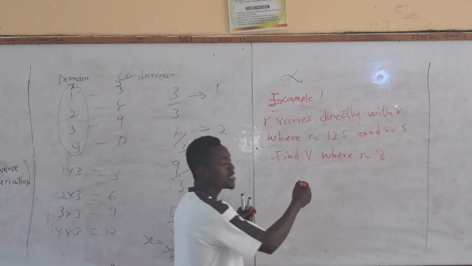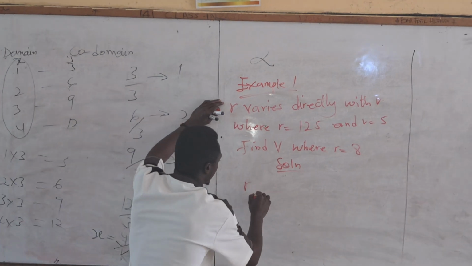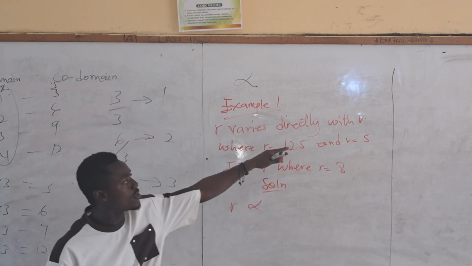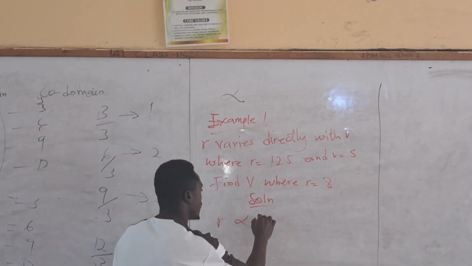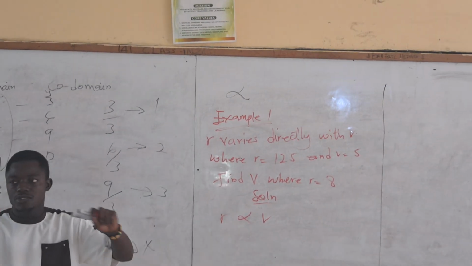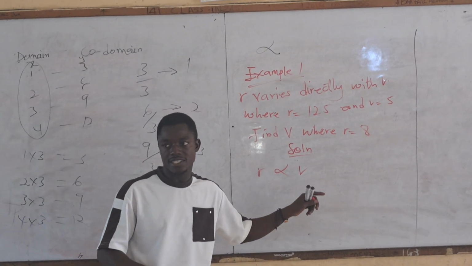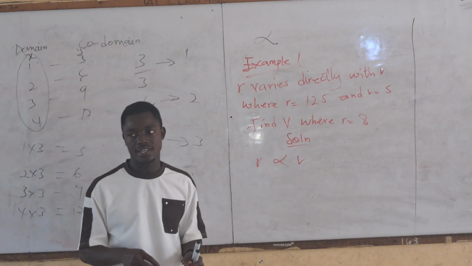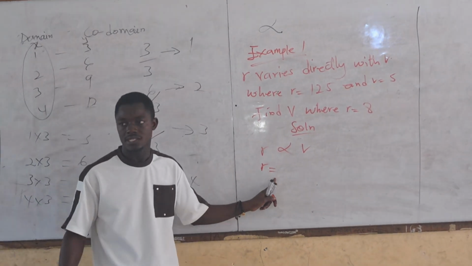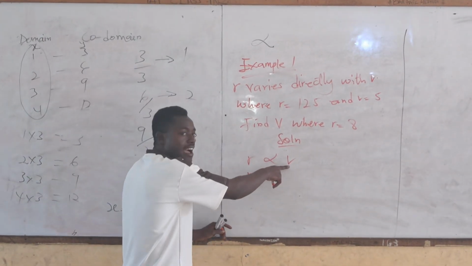So let's see. There's an R value, so you introduce the variation sign, directly with V. So you introduce your V. Because direct variation is a mathematical relationship, a connection between two variables, where one variable is a constant multiple of the other variable.